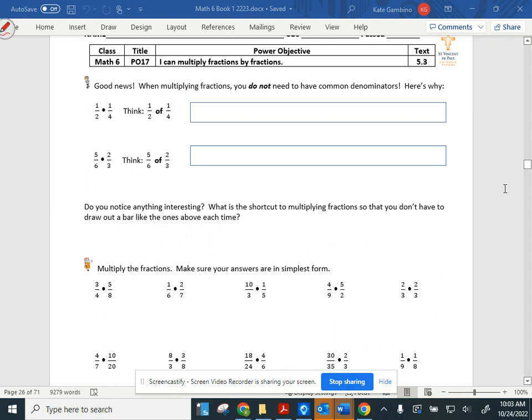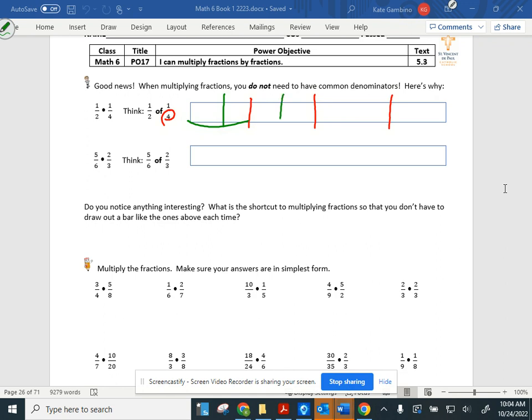Let's do it this way. We're going to break it up into our 4s because we have 4s here. 1/4. So we're breaking our bar up into 4s. Then 1/2 of 1/4. We're going to look at a half of 1/4. This right here is 1/4 of our bar, and we want 1/2 of it.